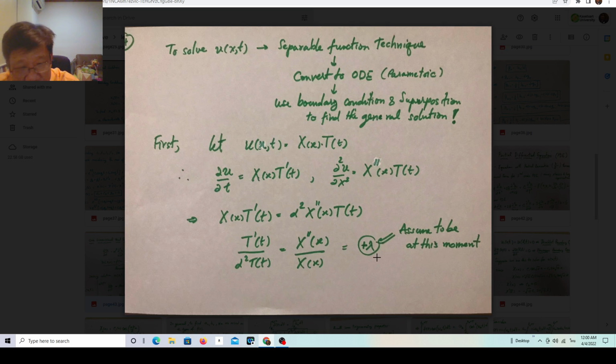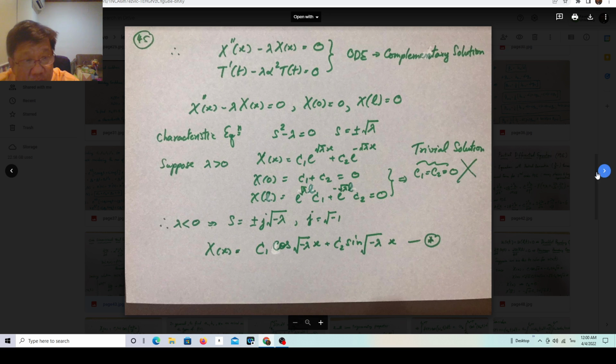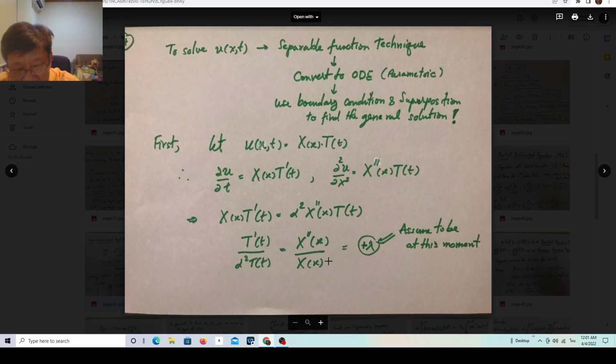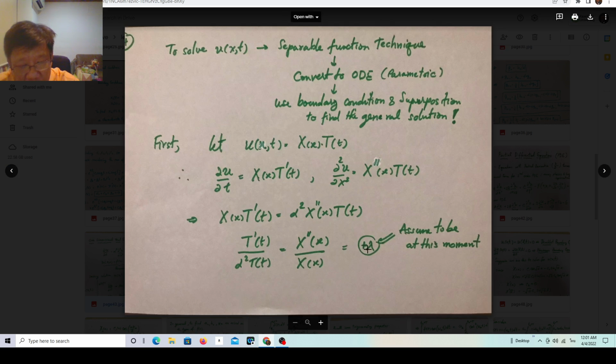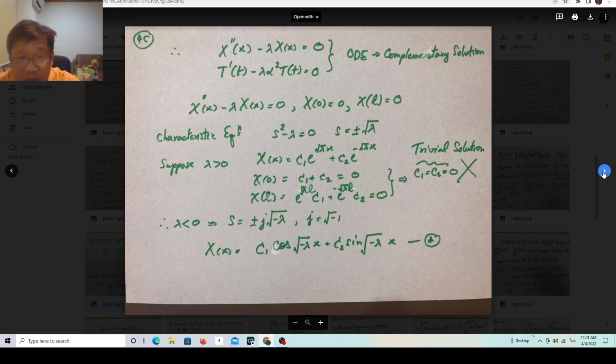Sorry, I keep saying alpha, this is lambda. So you move the right hand side lambda times X(x) to the left hand side, and you get this equation. The same way as you're doing here, this one is also equal to lambda, so you multiply this part on both sides. The left hand side becomes T'' and the right hand side becomes this, and you move it to the left hand side, you get another.